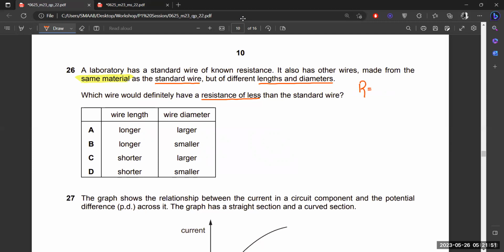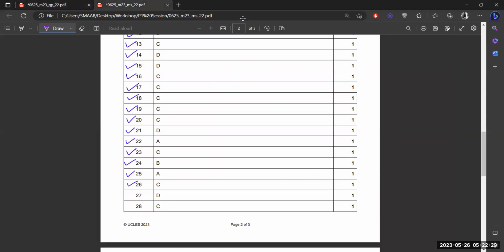Just remember the formula R equals rho L over A. If we increase the length, resistance will increase, and if we increase the cross-sectional area, resistance will decrease. Resistance is directly proportional to length and inversely proportional to A. So to get less resistance, it must be greater in diameter and less in length. So shorter length, larger diameter, option C. Yes, option C.